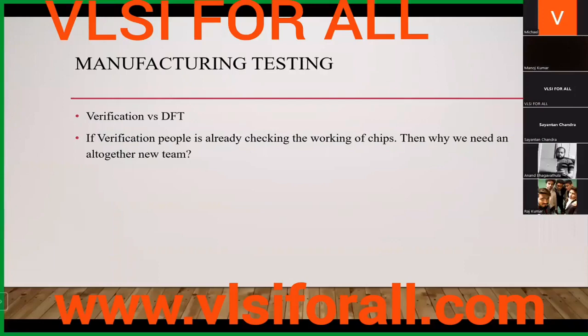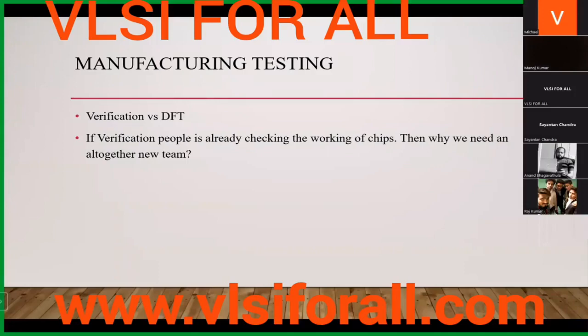If they are testing functionally, and there is a manufacturing fault, their test will fail. So they can test manufacturing faults as well.